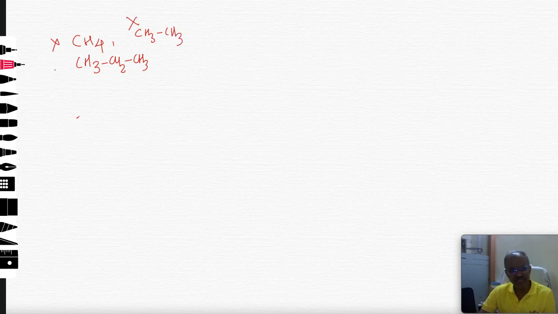Even CH3, CH2, CH3, that is propane, will not show chain isomerism, because I have told you what you mean by branch. When a specific carbon atom is directly attached to 3 carbon atoms, here it is attached to 2 carbon atoms, here it is attached to 1, and here there is none.